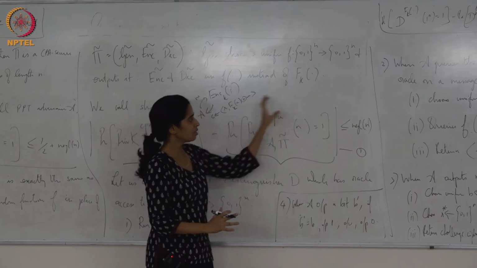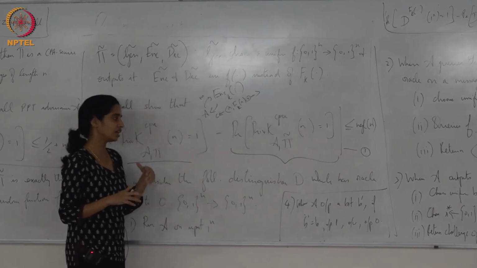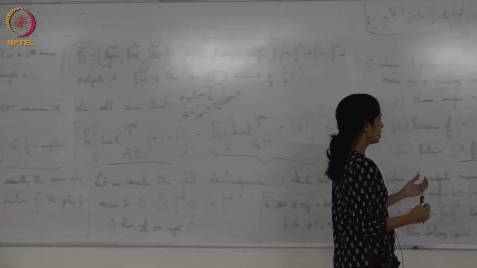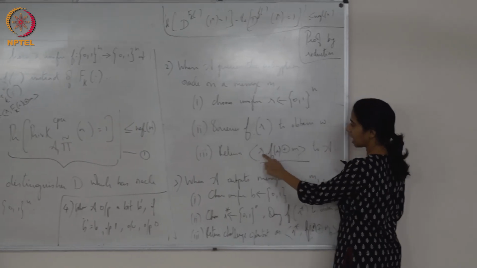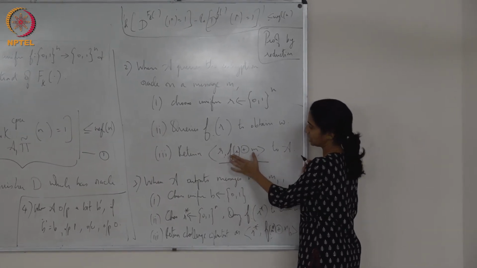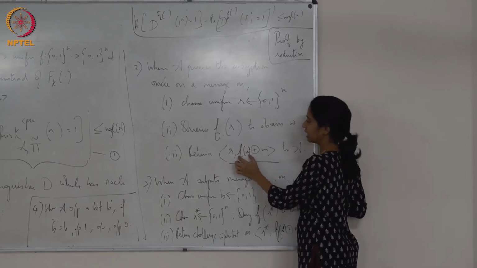Bounding this term with a truly random function is something we will argue probabilistically. Like I mentioned, as long as this R does not repeat, it is as though the one time pad is being performed here on the message M, because it's padded with a truly random string.